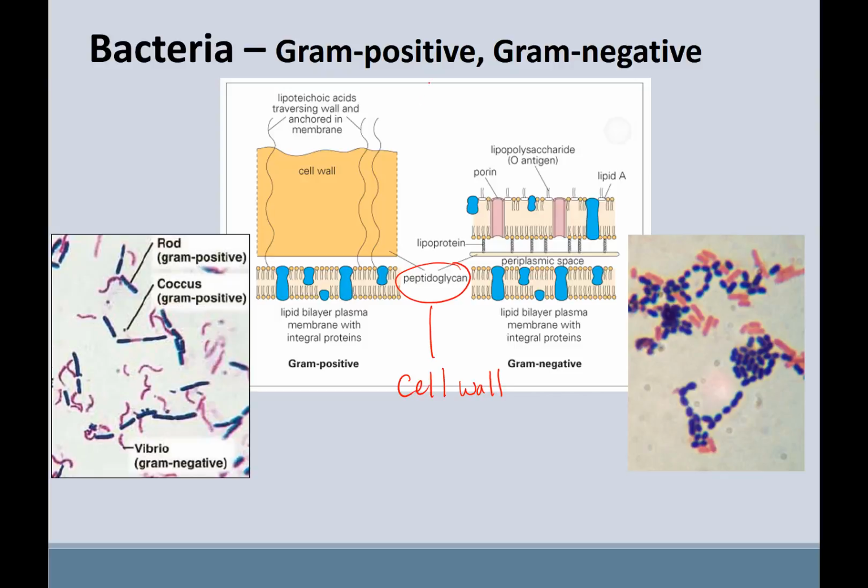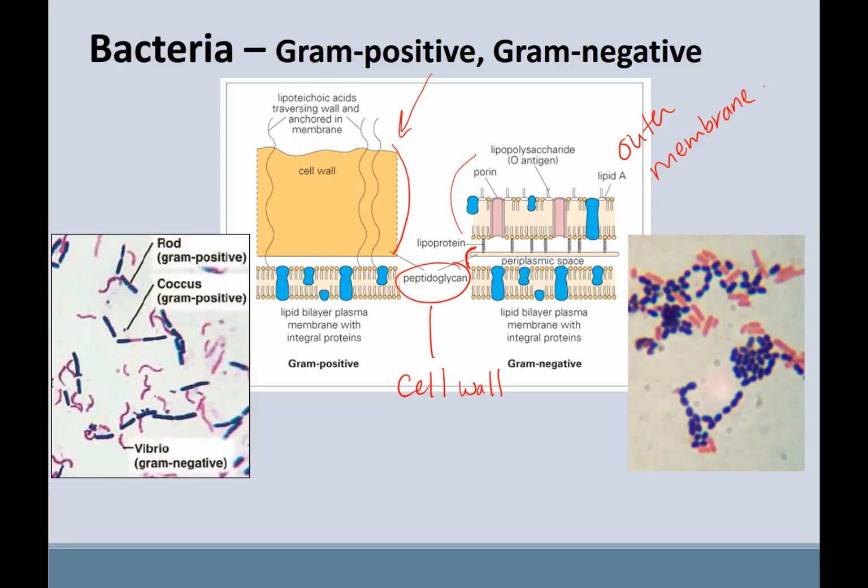And there are gram-positive bacteria that have thick peptidoglycan cell walls, you can see right here, and gram-negative bacteria that have a much, much thinner peptidoglycan layer, and then they actually also have an outer membrane, so another phospholipid bilayer.